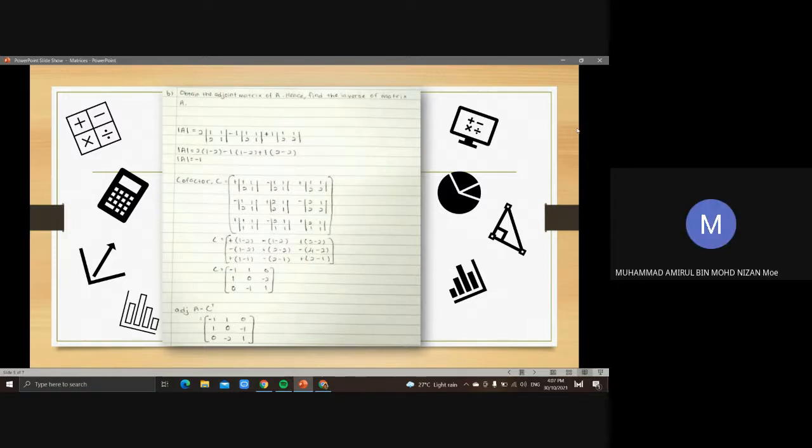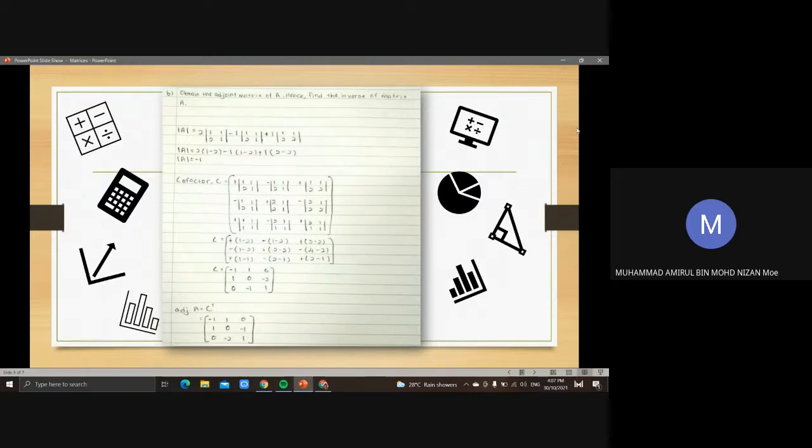Okay, I will continue. For the next step, I use adjoint A equals the cofactor transpose. We transpose the value we obtained earlier and get -1, 1, 0, 1, 0, -1, 0, -2, 1.